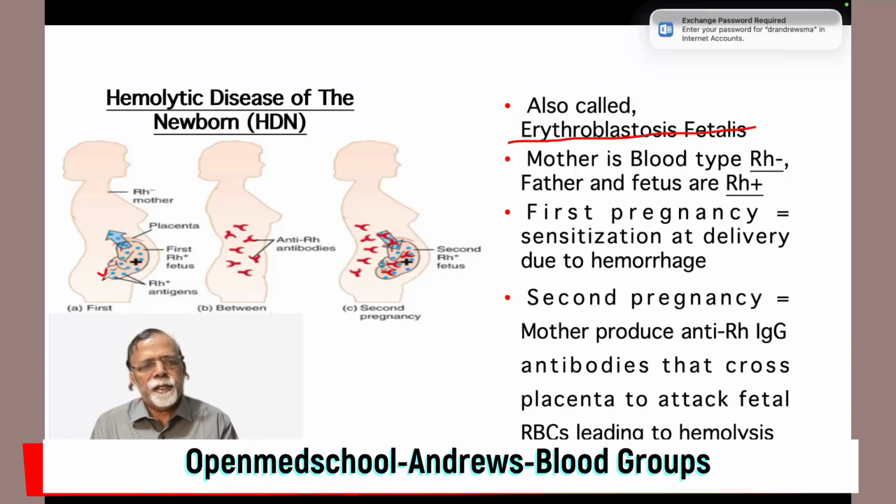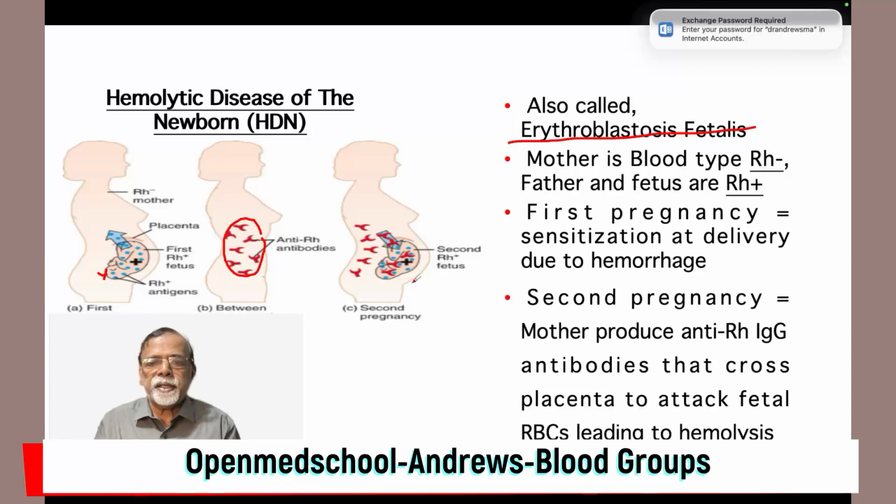In the first pregnancy, some of the RBCs of the fetus will enter the maternal circulation and produce an antibody response in the blood of the mother. This will not produce much harm because the RBCs enter the maternal circulation only during the delivery time.